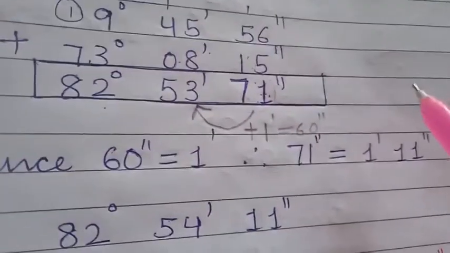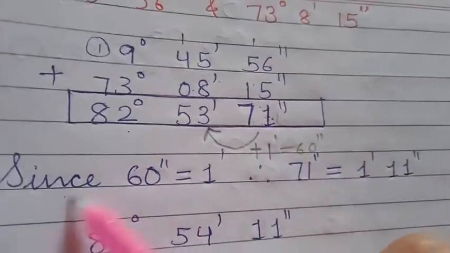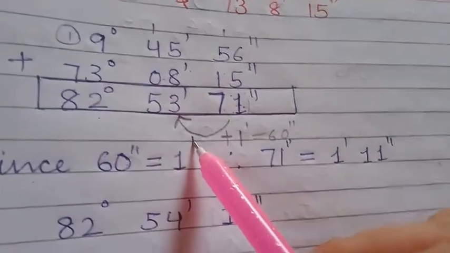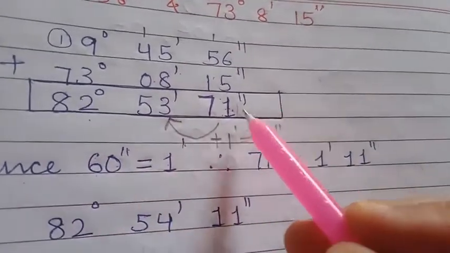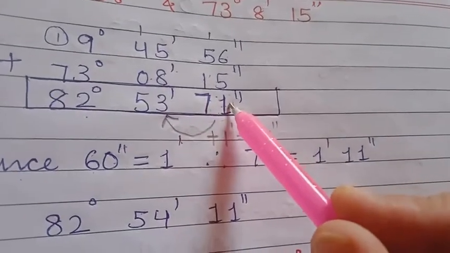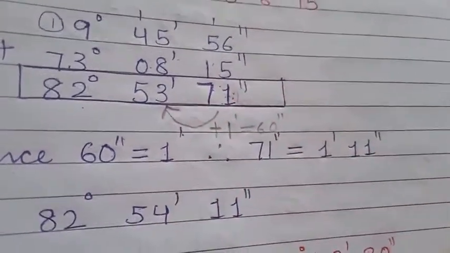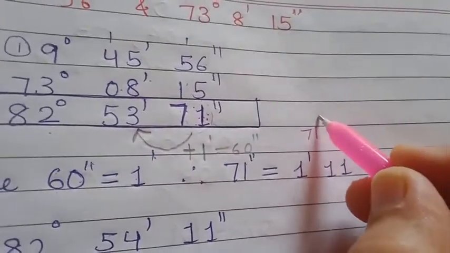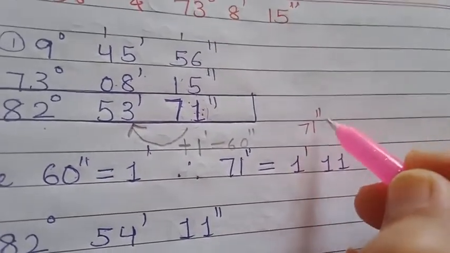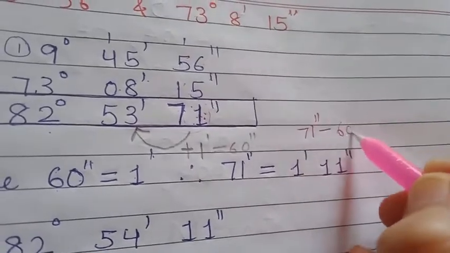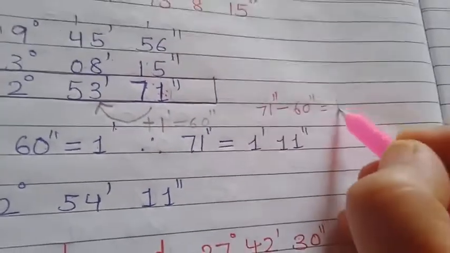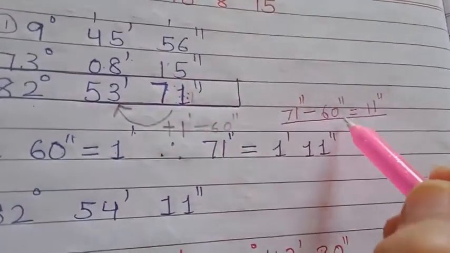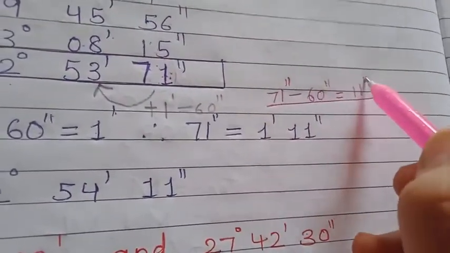Since 60 seconds is equal to 1 minute, what you have to do is 71 seconds minus 60 seconds, which gives me 11 seconds. Okay, 71 seconds minus 60 seconds gives me 11 seconds.